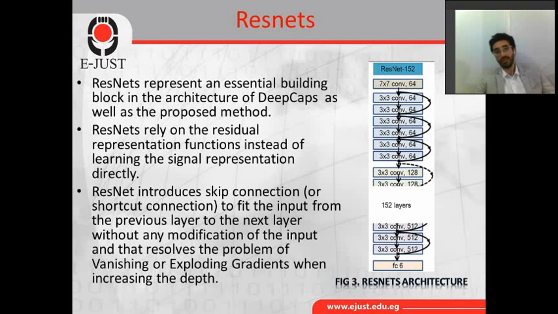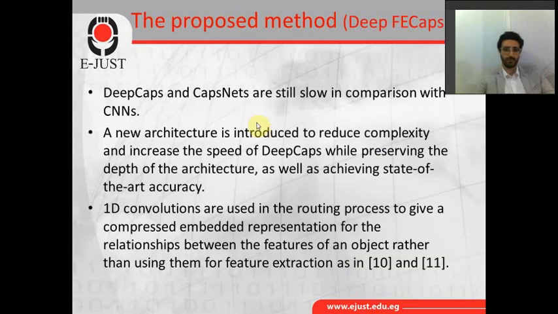On the contrary, if the partial derivatives are large, then the gradient at the end will be large, and it is called an exploding gradient. Skip connections gave shortcuts for the backpropagation process to provide the gradient.